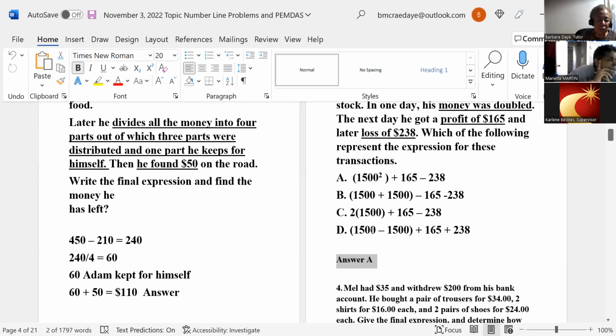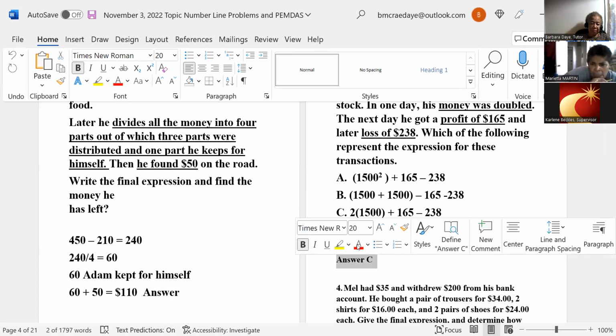The double is 2 times 1,500. I thought there was something wrong here. But double it is take 2 times 1,500. If you double it, it's twice what it was. That's 2 times 1,500. You said A, but it's not A.